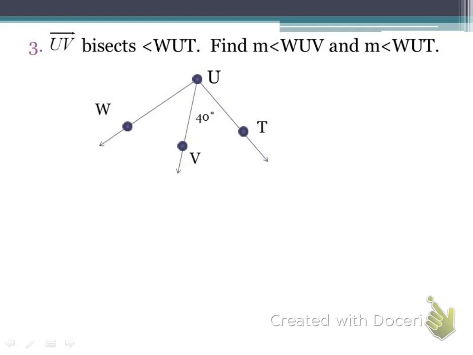What can I add to my diagram to show that that ray is a bisector? Yeah, 2 little markings that show that the angles are congruent.